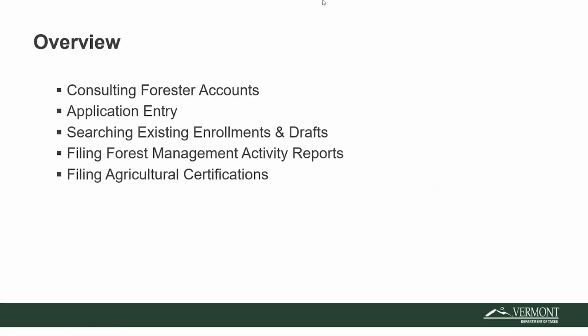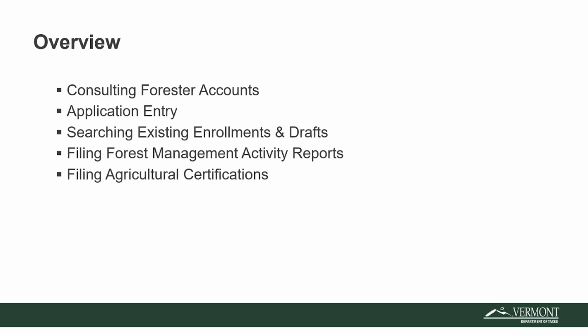So a quick overview of what we're going to be discussing. I'm going to show you what the consulting forester account looks like. We're actually going to walk through how to enter an application.